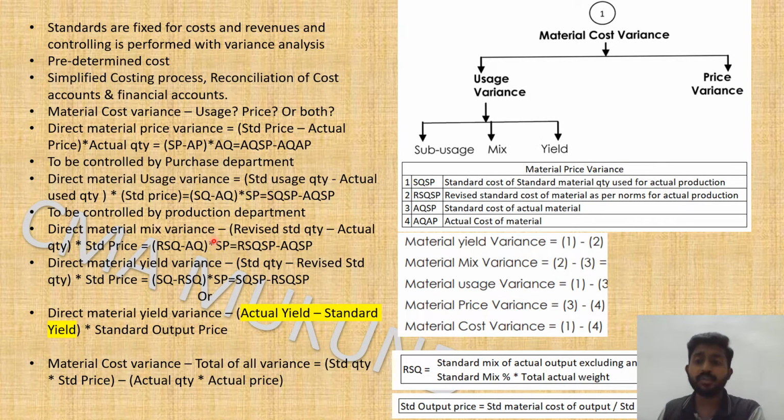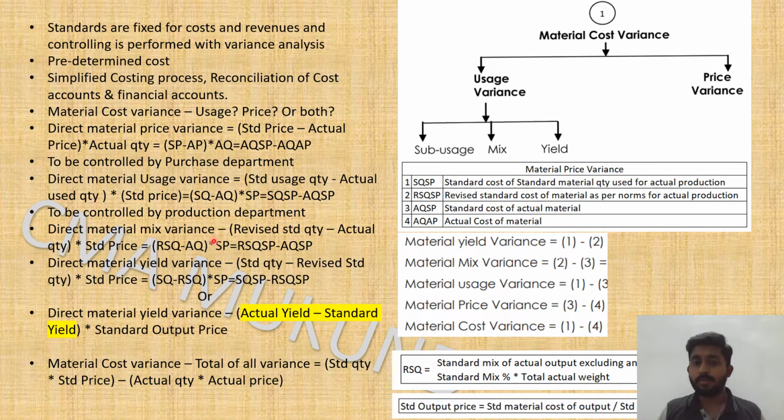But there may be 48 percentage of A and 52 percentage of B, maybe something like that. When we analyze the end-to-end quantity, maybe the quantity would have been misplaced also. But the mix is something like when you mix two items and produce the end product, that is where the mix variance comes into the picture.